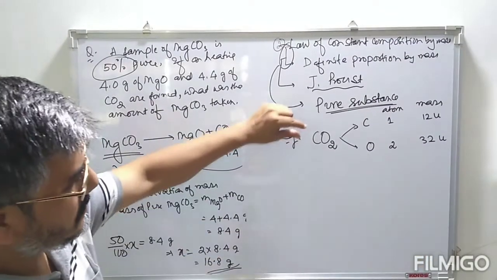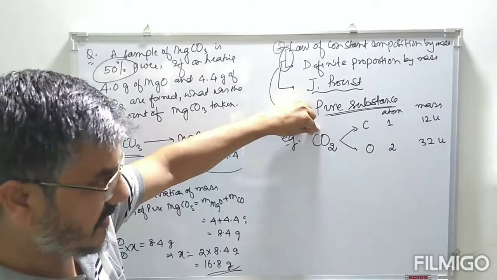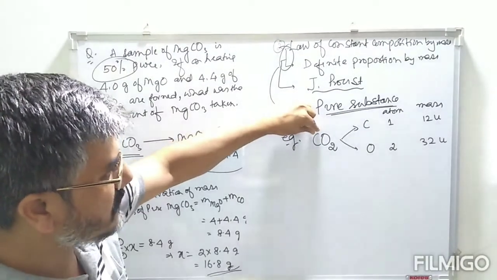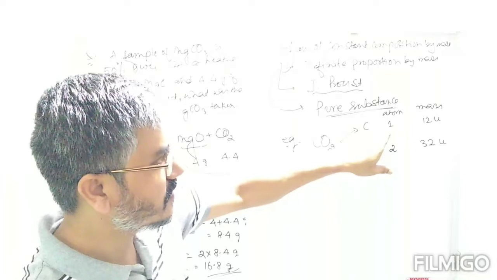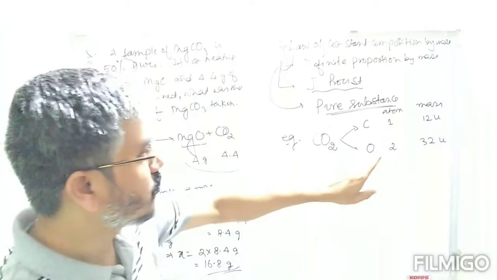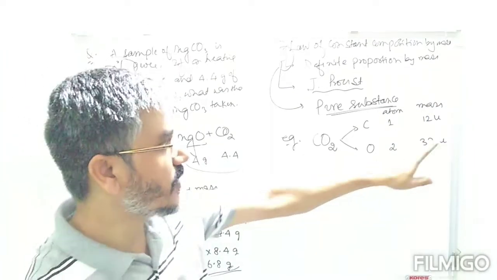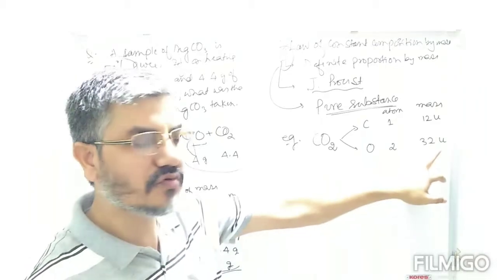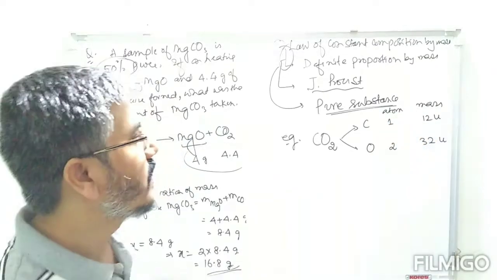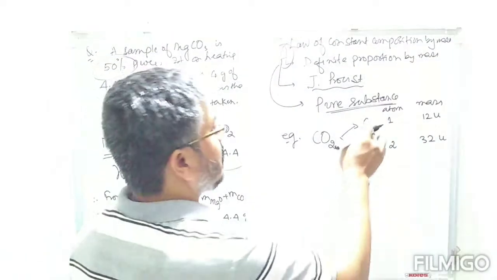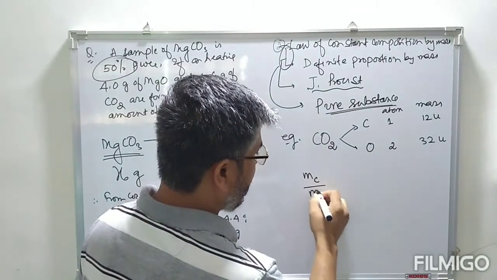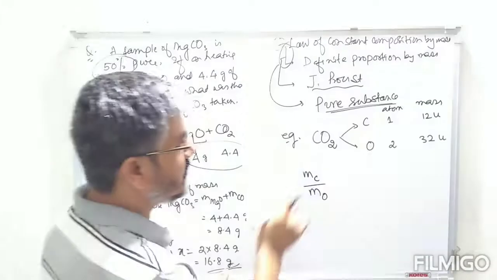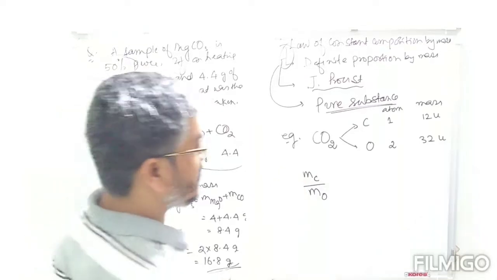So this pure sample of carbon dioxide contains 1 atom of carbon, that is 12 u, and 2 atoms of oxygen, that is 16 into 2 u. Now take the mass ratio, mass of carbon to mass of oxygen in this pure sample, that is carbon dioxide.